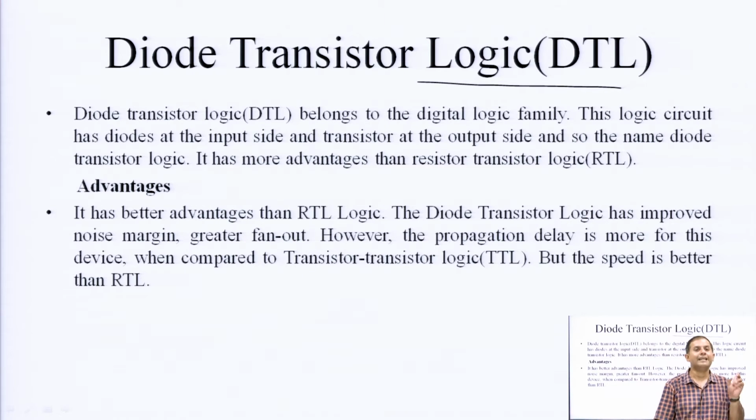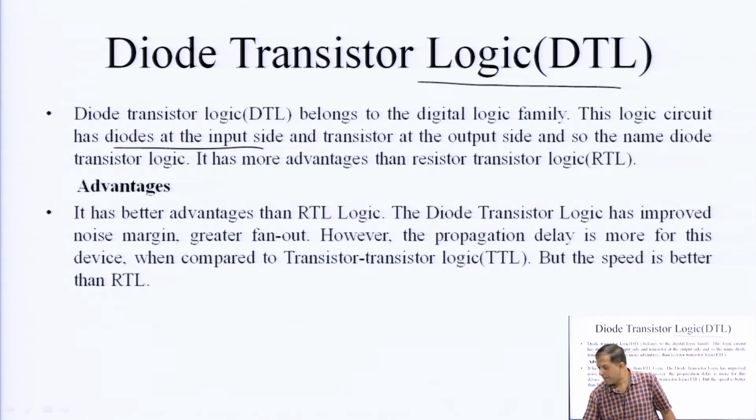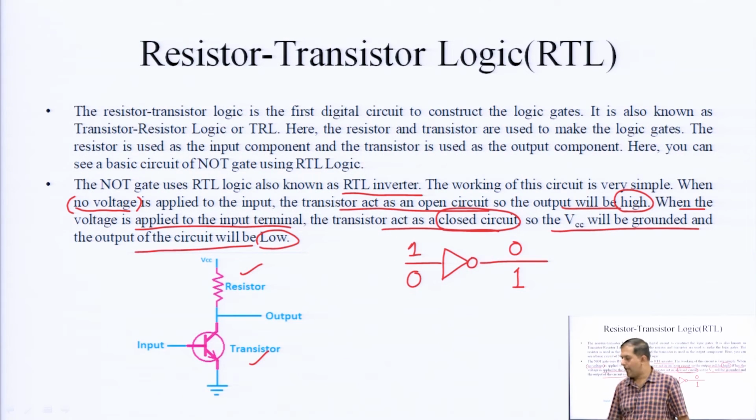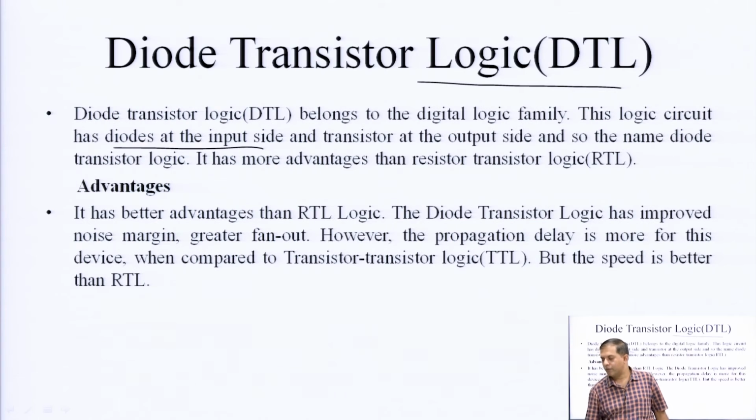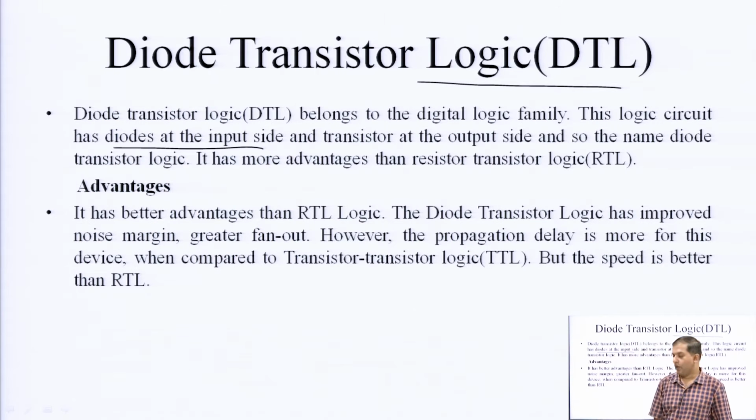Previously, we had resistors at the input side and a transistor at the output side. Now, we have diodes at the input side. Let us check. In RTL logic, we have resistors as input components. Here diodes are used as input components. That is why it is known as diode transistor logic.